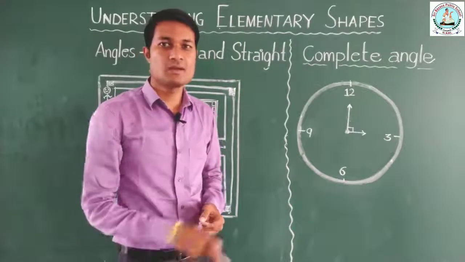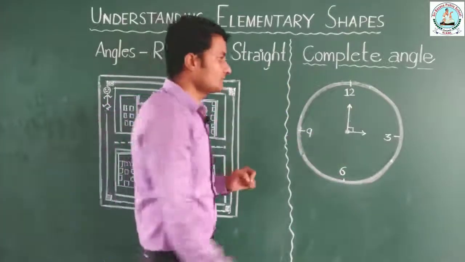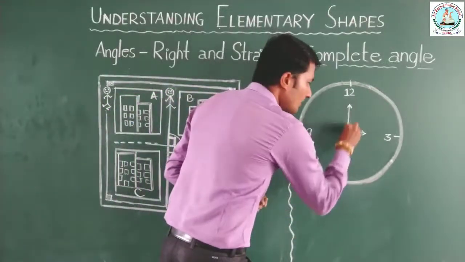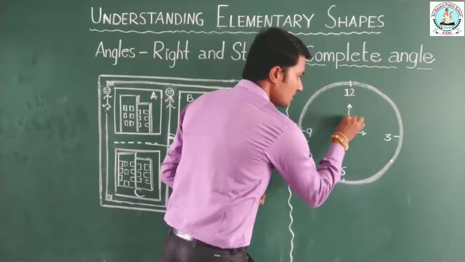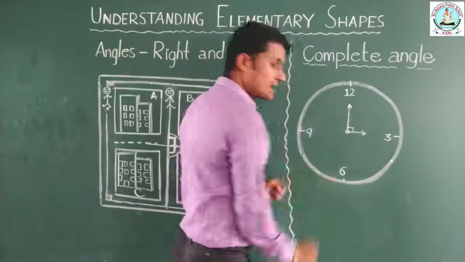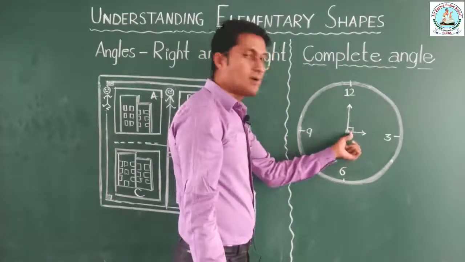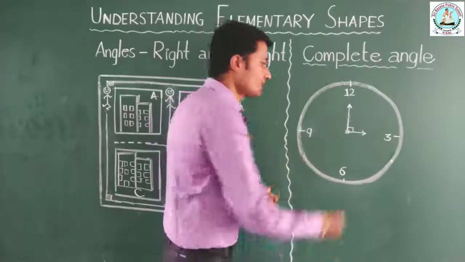But you haven't made one complete revolution here. First the hour hand was here and it has just moved like this, so you have covered only 1/4 of the complete revolution.